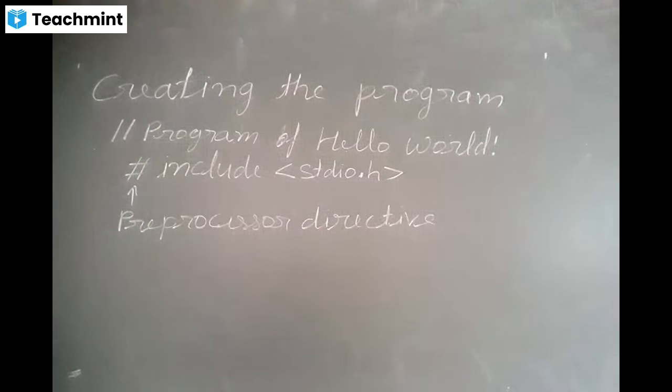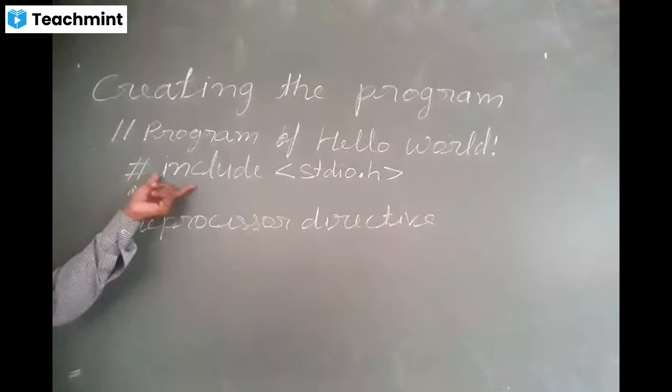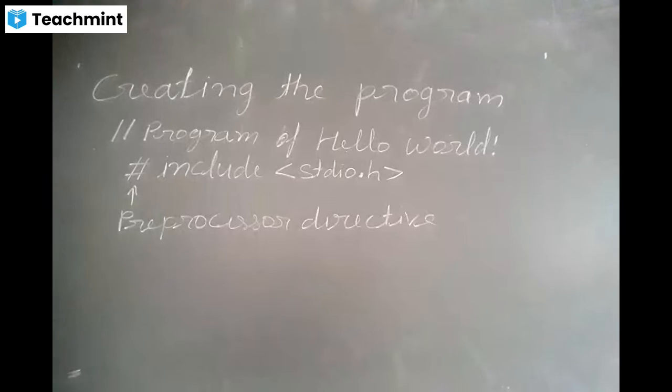Before compiling or executing a program, the header file should be integrated with the program. That is why this symbol is known as the preprocessor directive. Before processing the program, all concerned header files should be combined with the program.